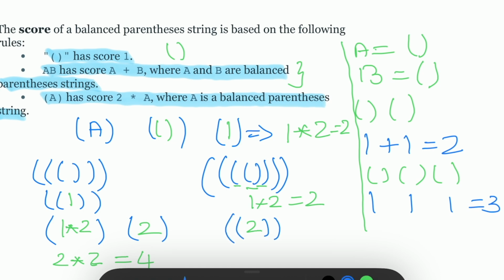It is now like this. Now if we calculate the score for the inner parenthesis, it would become 2 into 2, 4, and then for the last outer parenthesis, it would be 4 into 2, which is 8. So the score for this string is 8.